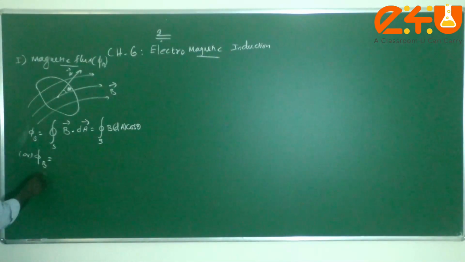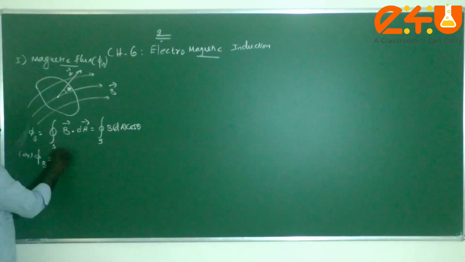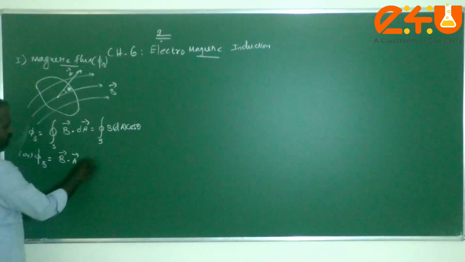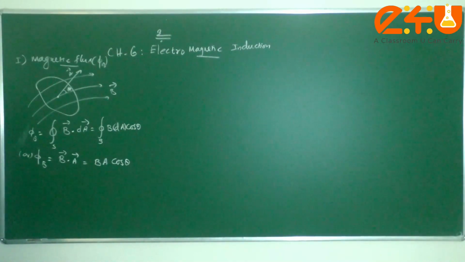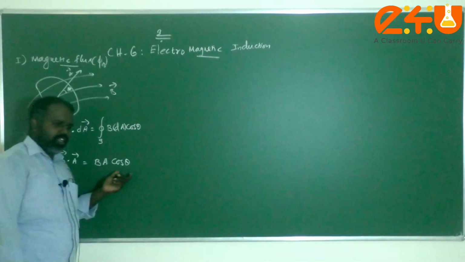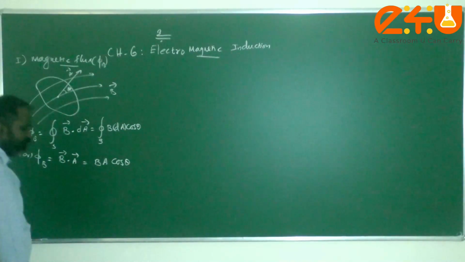After evaluating that integration, Φ_B is equal to B vector dot A vector, or BA cos theta. This is the basic definition of magnetic flux.